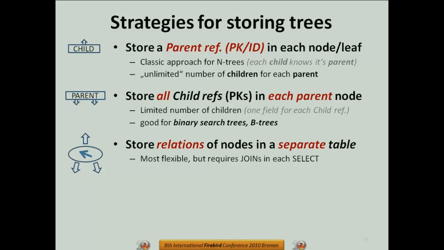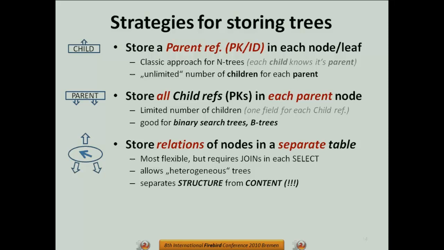But of course, if you need to retrieve the tree data back to the client, you need a join for every single select that you make, because you always have two or more tables involved. The big advantage is that this really allows for a simple way of heterogeneous trees, because only in the relation table is where you define where the data really comes from.